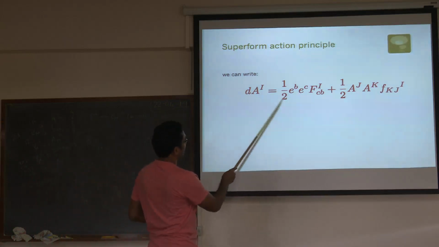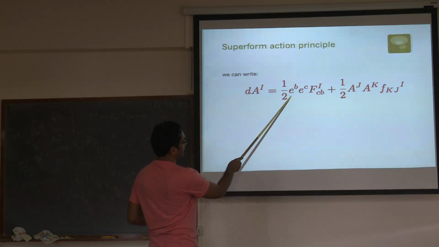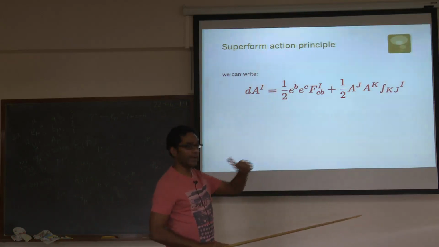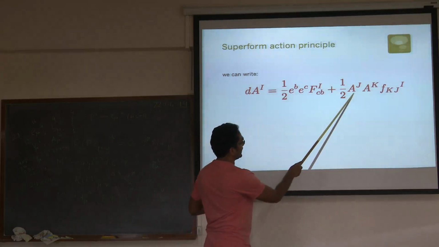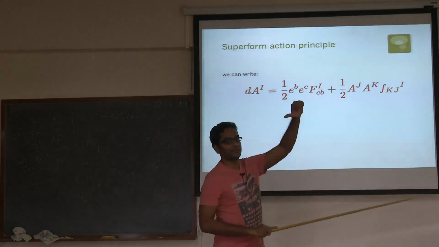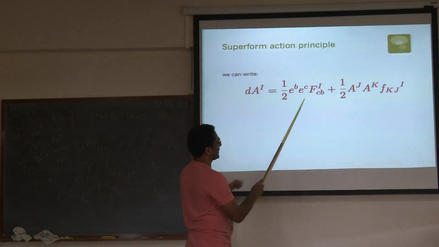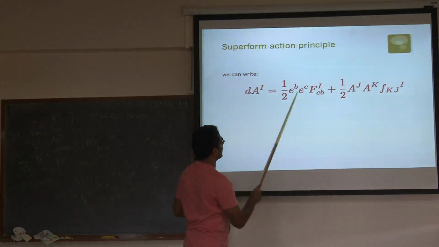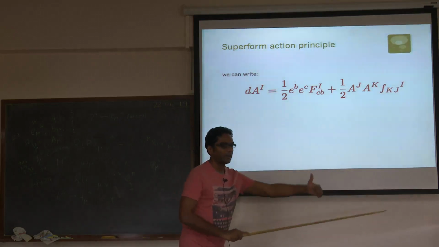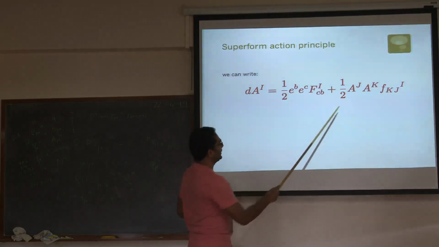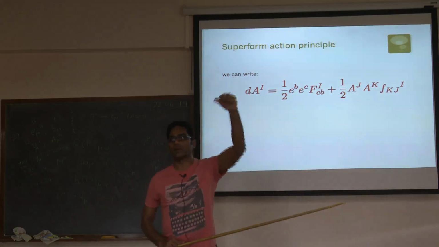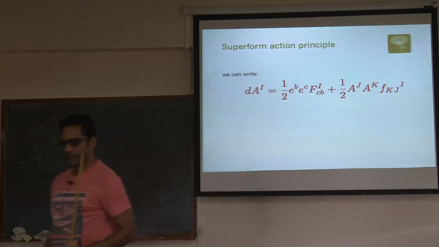Now this two-form has legs along the vielbein on the smaller manifold N, and also legs along the vielbein in the larger manifold M. So these are expanded in terms of the super vielbeins. These are the vielbeins along the smaller submanifold N, and these are the super vielbeins. These are the gauge fields which are now promoted as part of the super vielbein.